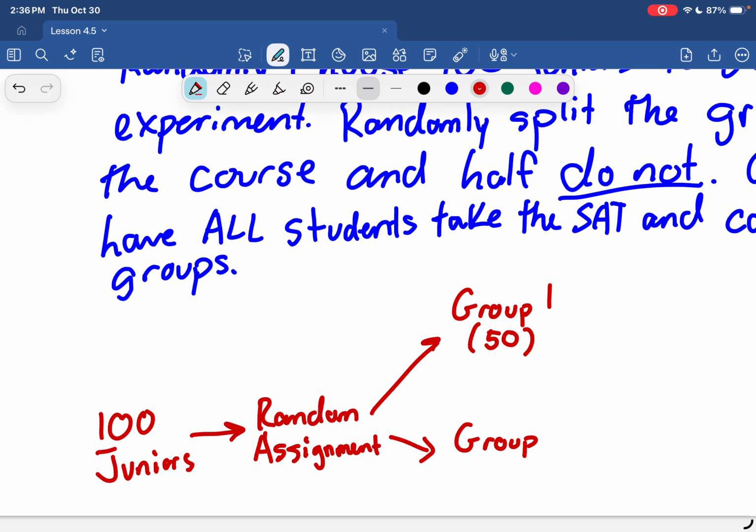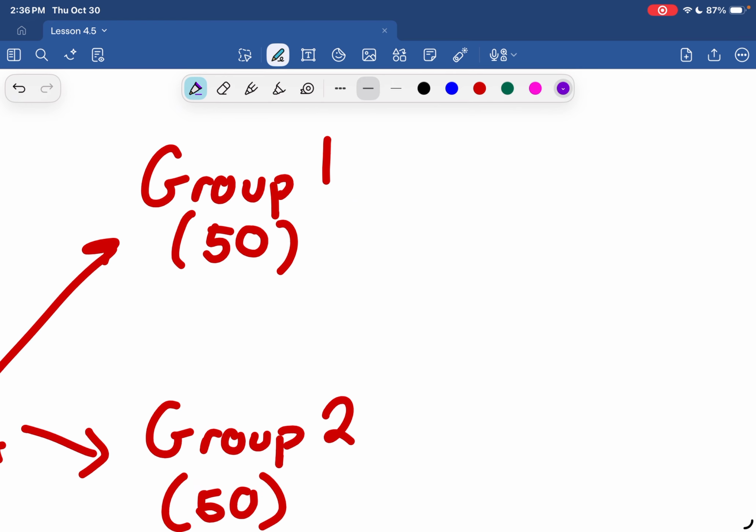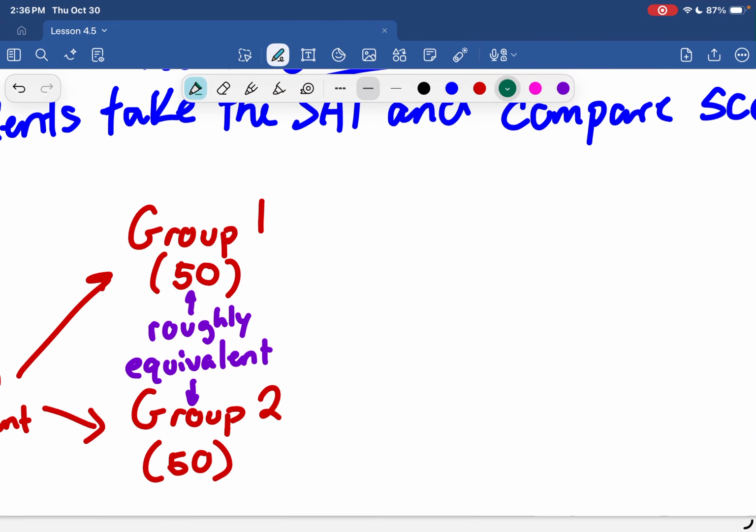Group 2 is 50 people. Now notice these two are roughly equivalent. We want to make sure that every group we have is roughly the same. We want to have the same sample size best we can. Here we can do it best we can.